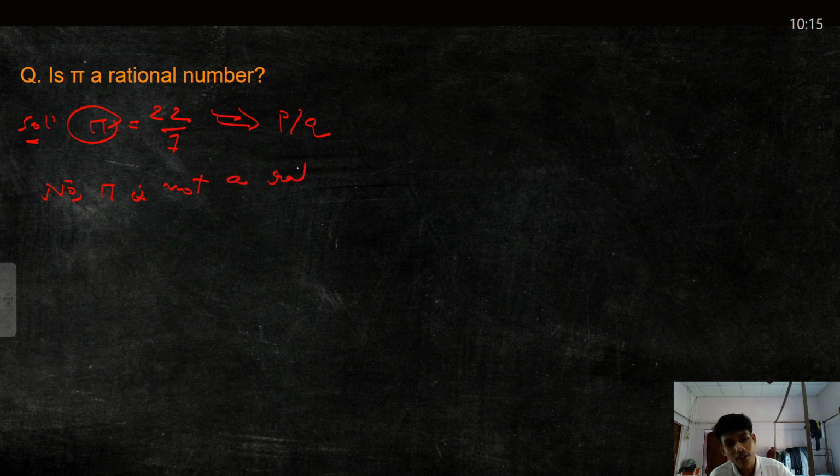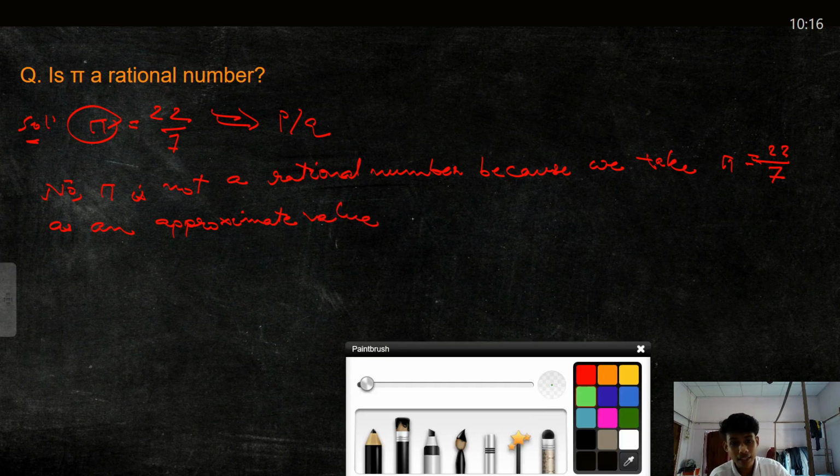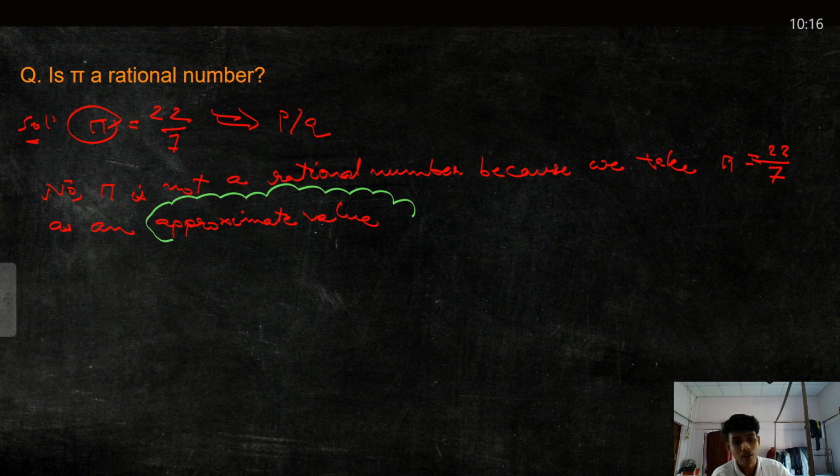Pi is not a rational number, because we take pi equal to 22 by 7 as an approximate value, not an exact value. You have to keep in mind that this is just an approximate value.